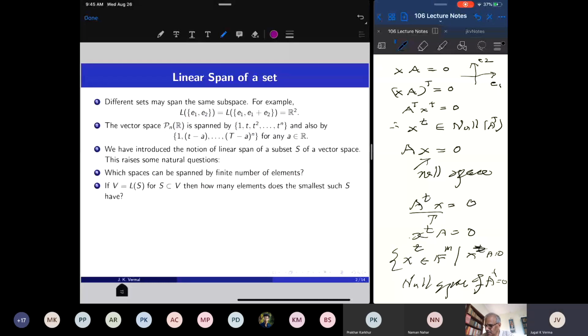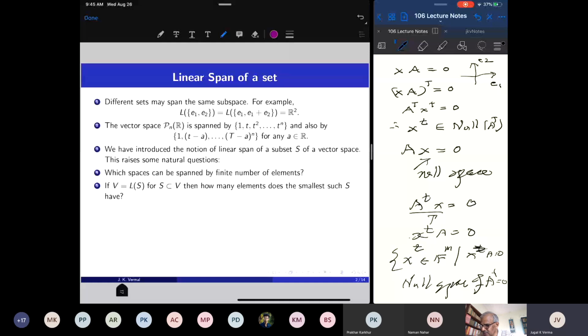If V is the linear span of a finite set, then how many elements does the smallest such set have? For the sake of economy, we would like to realize a given vector space as the linear span of a small set. In R2, R2 was the linear span of E1 and E2.